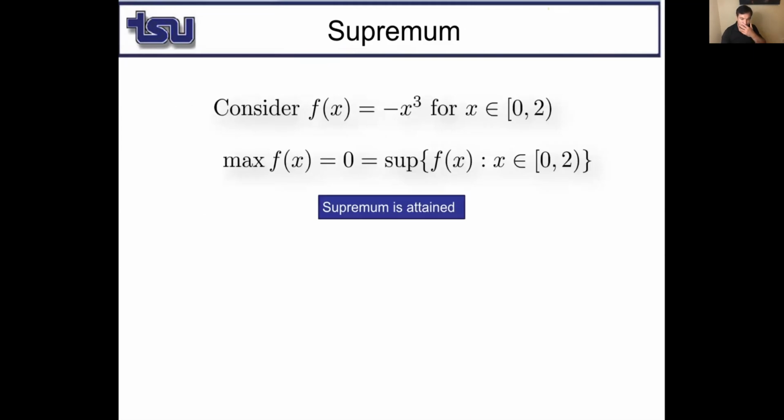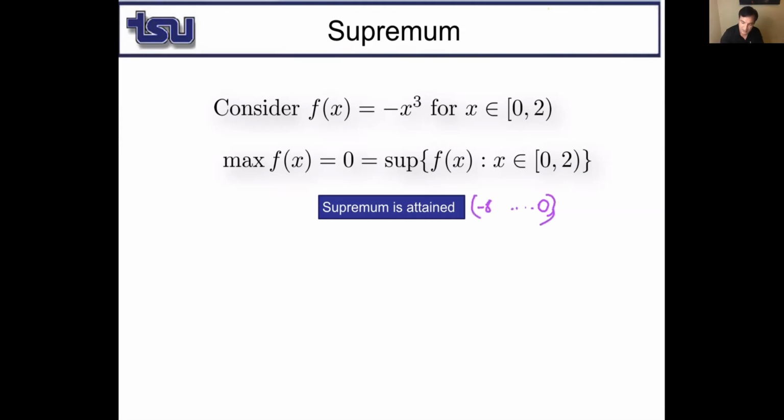Here's an example. f of x is negative x cubed for x from 0 to 2. Well, what is the supremum of f of x in this domain? Think about all values that f of x can have. They range from f of 0, which is 0, all the way to negative 8, where negative 8 is not included.